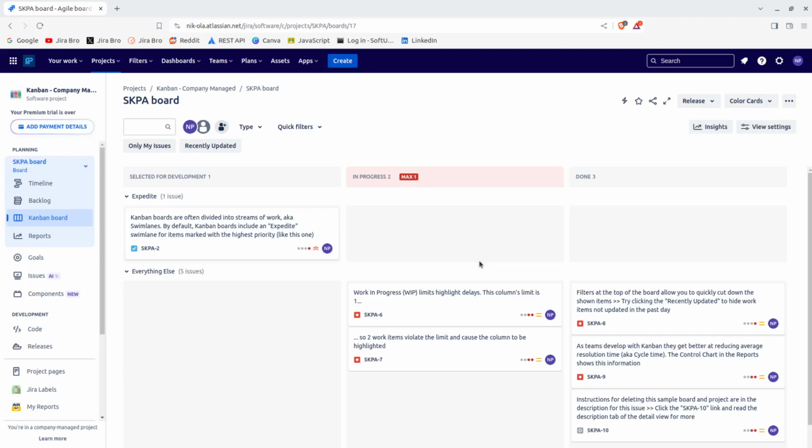Now, the key elements of a Kanban board. First are the columns in here. Of course, each of these columns, if we are talking about Jira, are interconnected with workflows that contain the statuses in here.